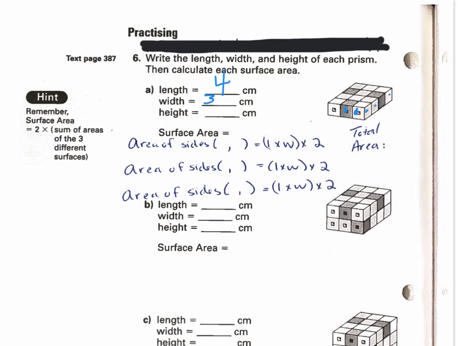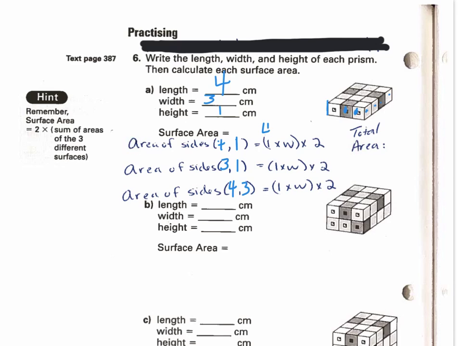Height is 1. The area of the sides. We have 4 and 1. We have 3 and 1. And we have 4 and 3.